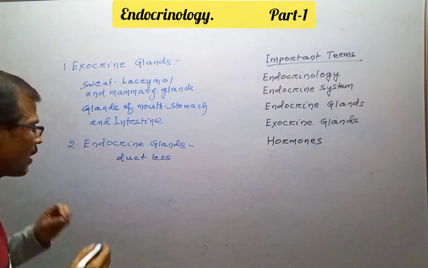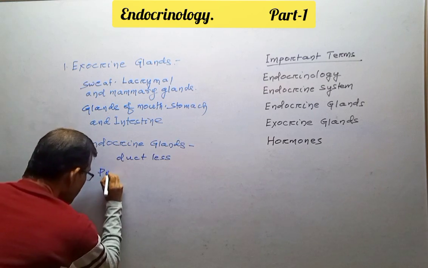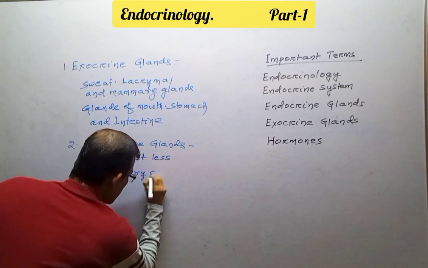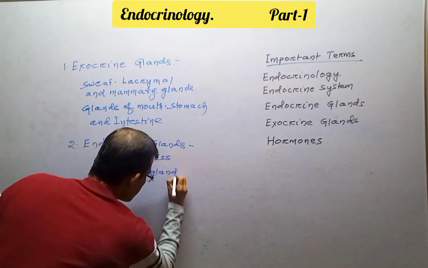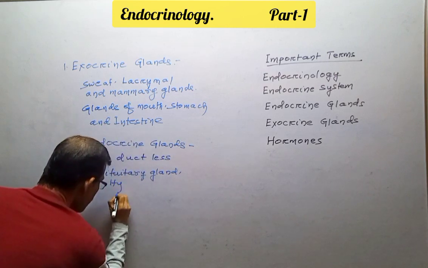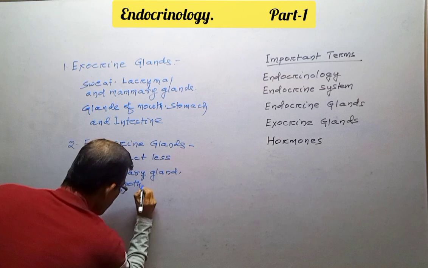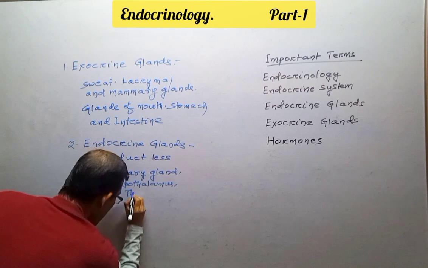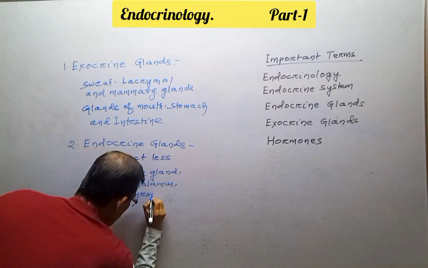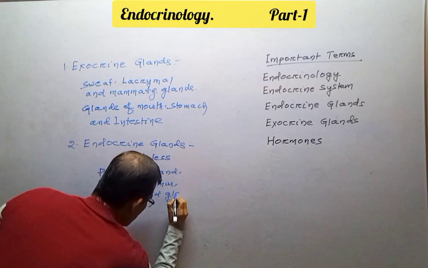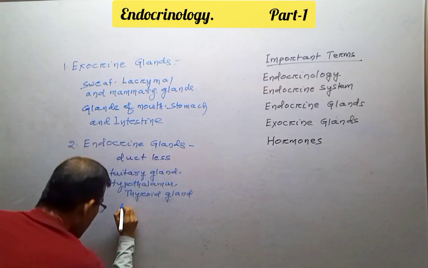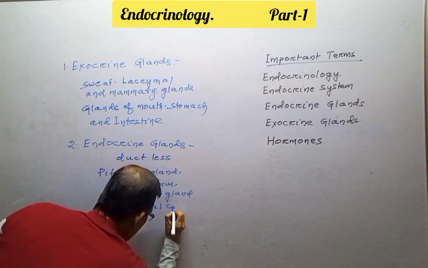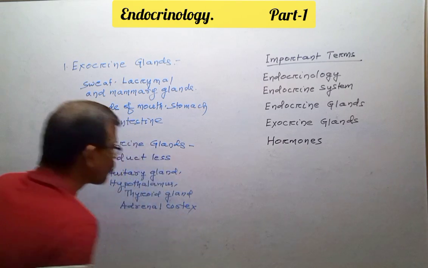Examples of endocrine glands are pituitary gland, hypothalamus, thyroid gland, adrenal cortex, and so many.